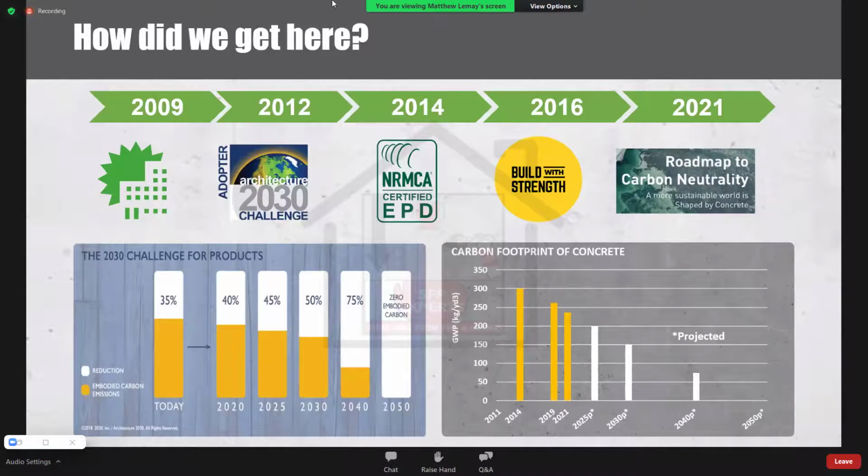And in 2021, just last year, we reaffirmed our commitment to carbon neutrality when we joined with PCA, Portland Cement Association, to develop the 2050 roadmap to carbon neutrality, which targets that same carbon neutral goal by 2050 in the 2030 Challenge. From here, I am going to pass on my presentation to my colleague, Katie Poss, who's going to talk about how to use these best use cases for these different documents.